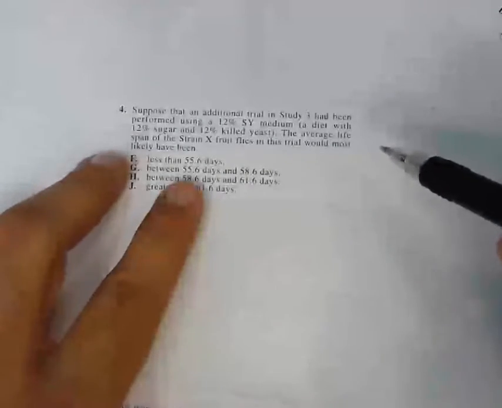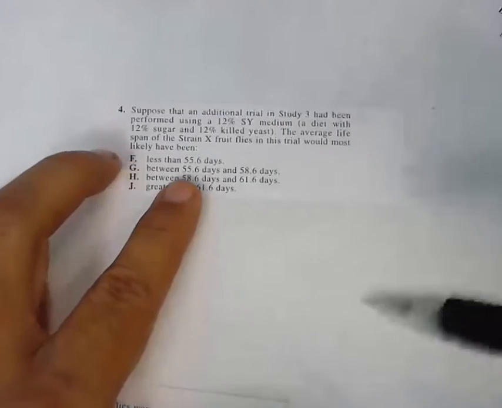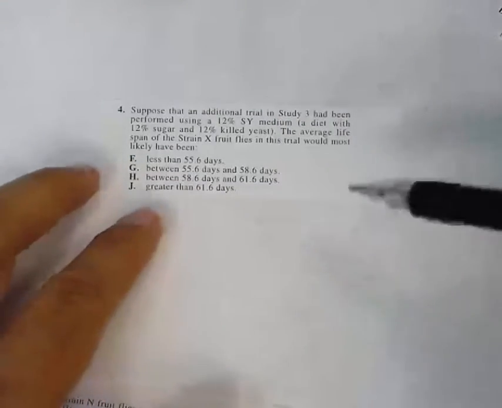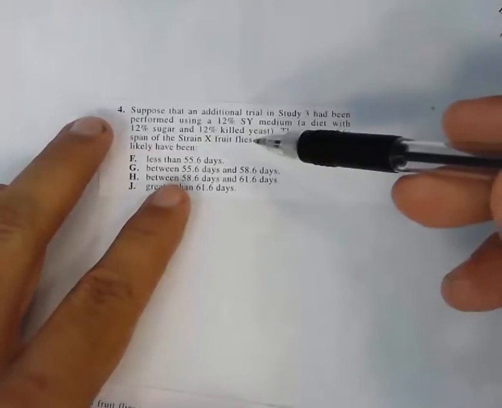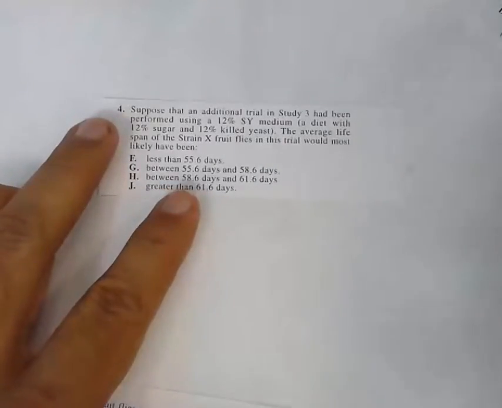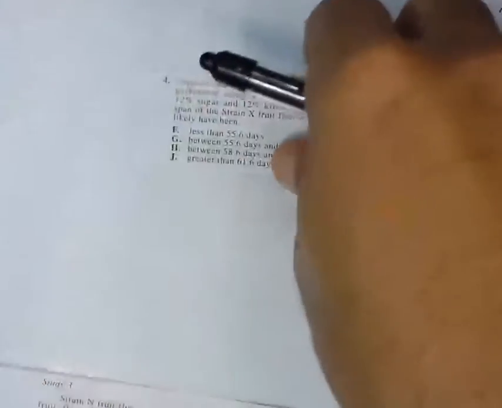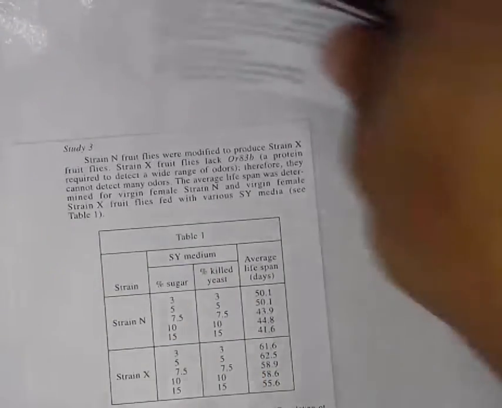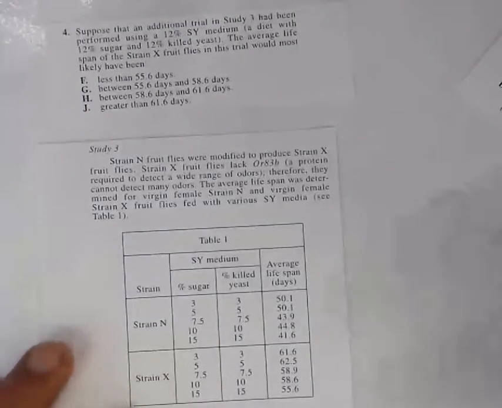Suppose that an additional trial has been performed where the sugar was 12%. Okay, how long would strain X live in that case? So if we look at study 3, this is a data interpretation. We have to read between the lines.